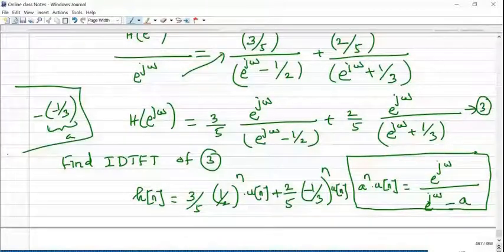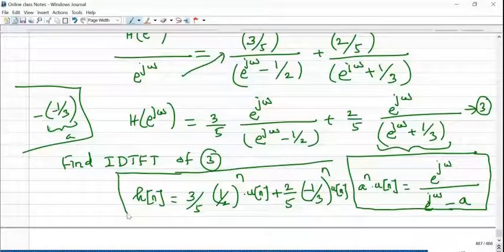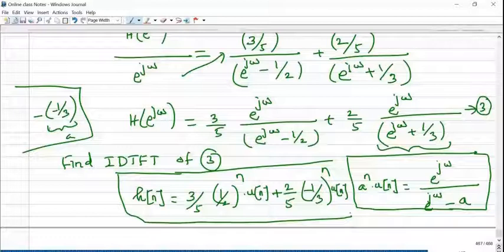For the second term, e power j omega minus of minus 1 by 3, you will get this format, so a value is minus 1 by 3, minus 1 by 3 power n. This is the impulse response of the system, h of n.